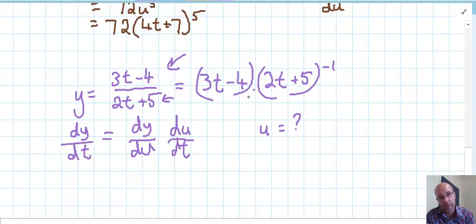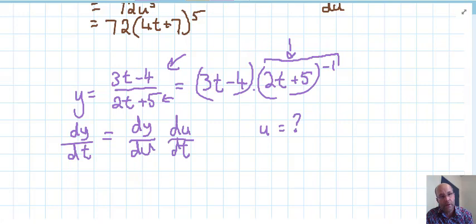So then we've got a product rule and we've also got a chain rule as well. So that makes it a little bit higher level. But you can use the chain rule there. That part of it will be done with the chain rule. And then when you've found the derivative of that, you can use the product rule to do the whole thing.